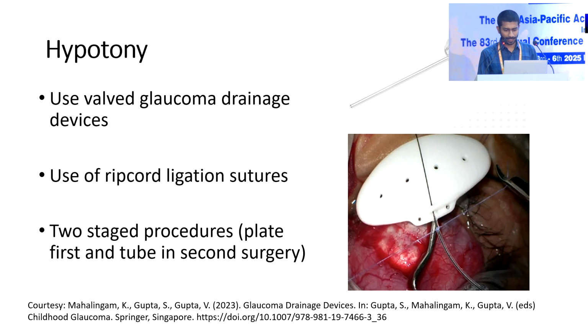Initially, and later after 4 to 6 weeks, depending upon the IOP, we can remove those sutures, or you can plan it as a two-stage procedure, where initially you will just implant the plate, then after 4 to 6 weeks, after the biological membrane forms around the plate, in the second procedure we can insert the tube inside the anterior chamber. This will prevent hypertony in the early stage.